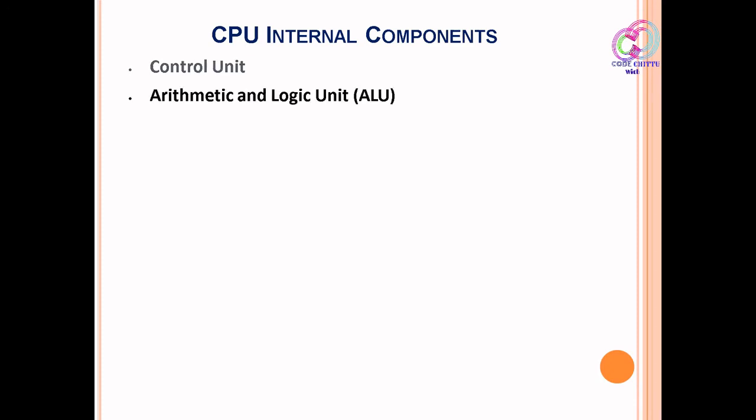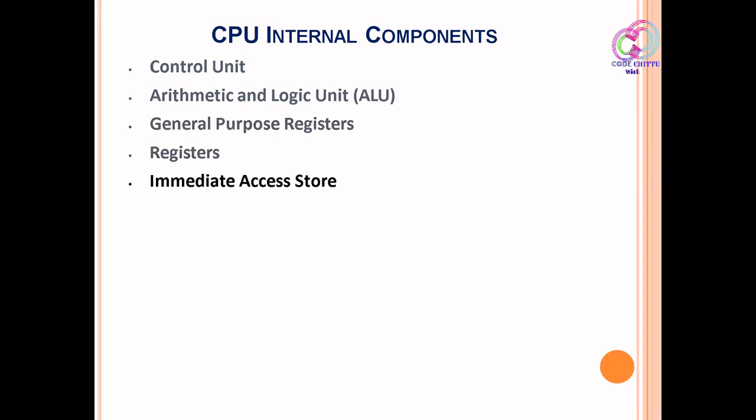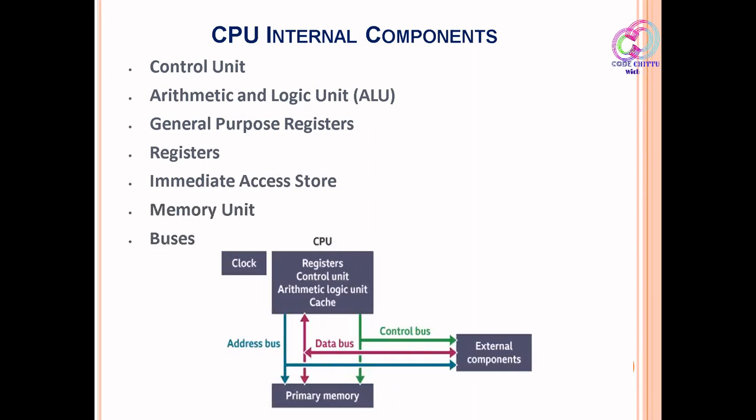Control unit, arithmetic and logic unit, general purpose registers, immediate access store, memory unit, buses. Here the primary memory is nothing but the RAM; we call it primary memory or main memory, and it has 3 buses.